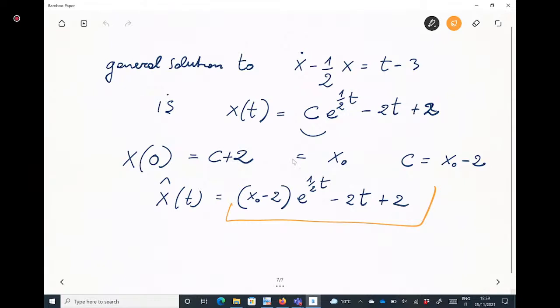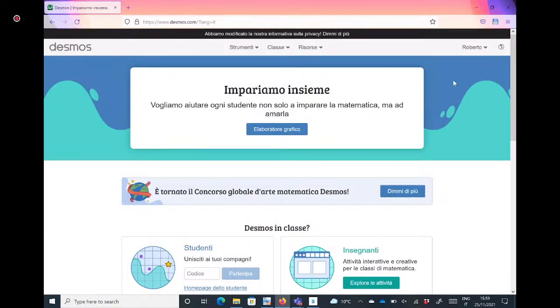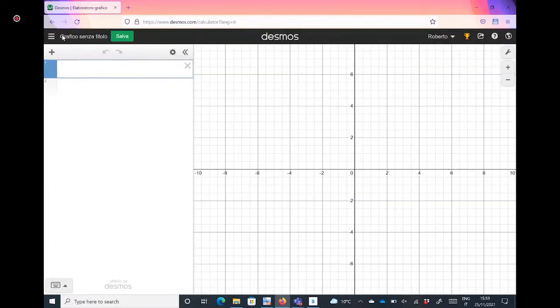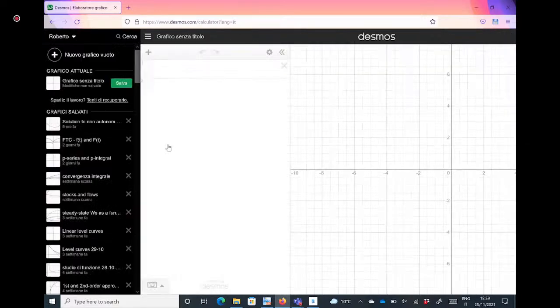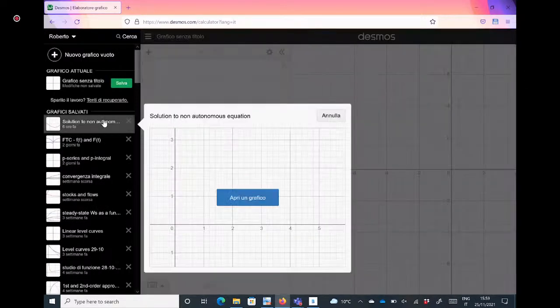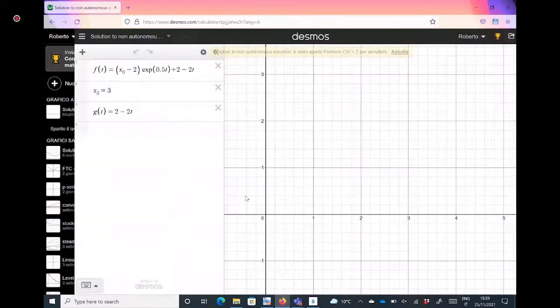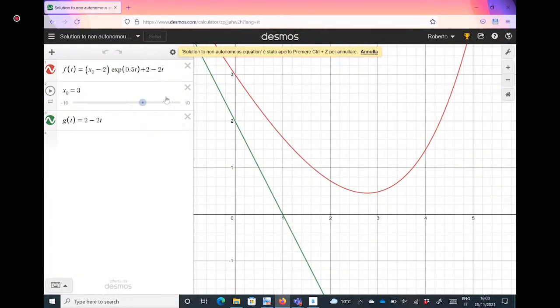If you want to get some geometric insight on this, which is also useful to solve the exercises, just look at the graph of the solution to a non-autonomous equation. Here it is. This f of t in red is our solution that corresponds to a given x0. For instance, here x0 is equal to 3.